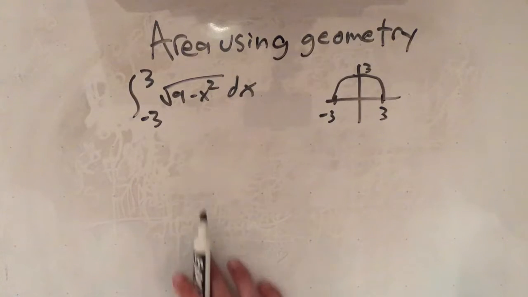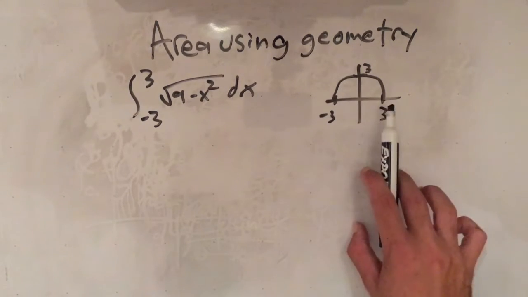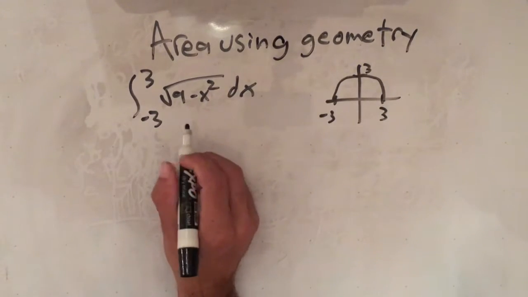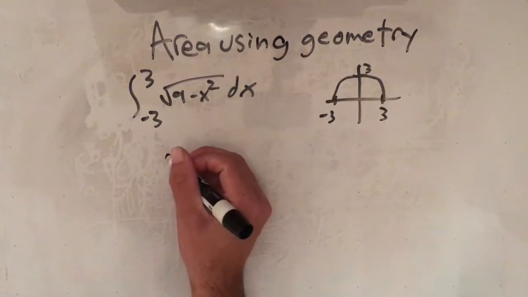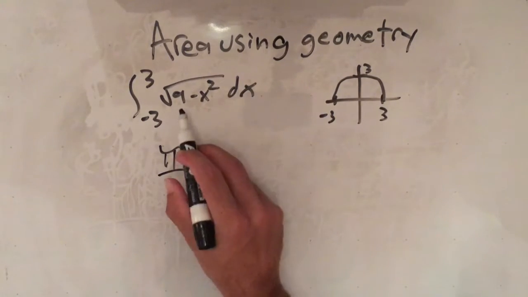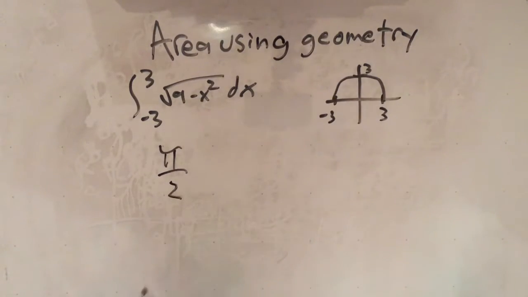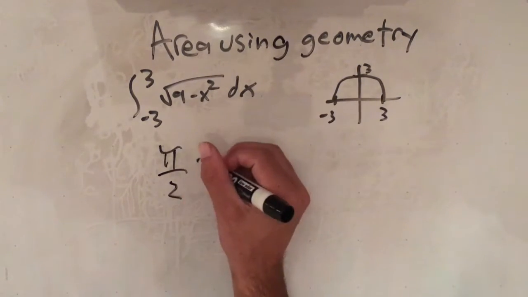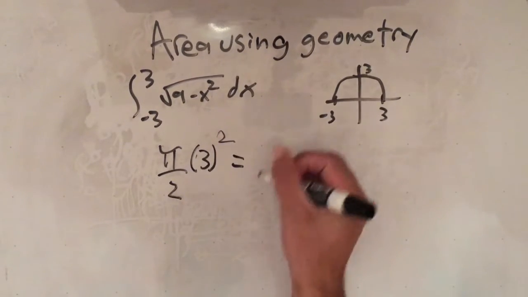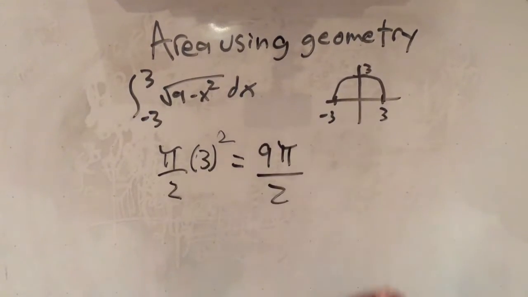So you see this as the semicircle, you draw the semicircle out, and we're able to analyze the area of a circle is pi r squared, so the area of a semicircle is pi over 2 r squared. In this case, our r is the square root of 9, which is 3. So we're going to do 3 squared, which equals 9 pi over 2.